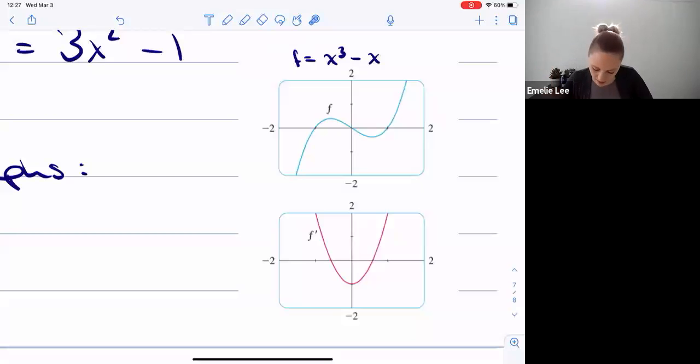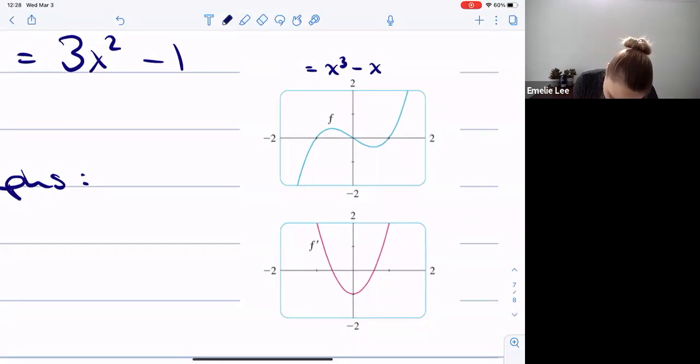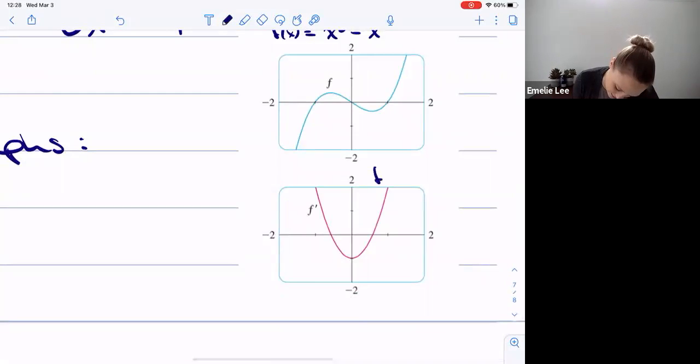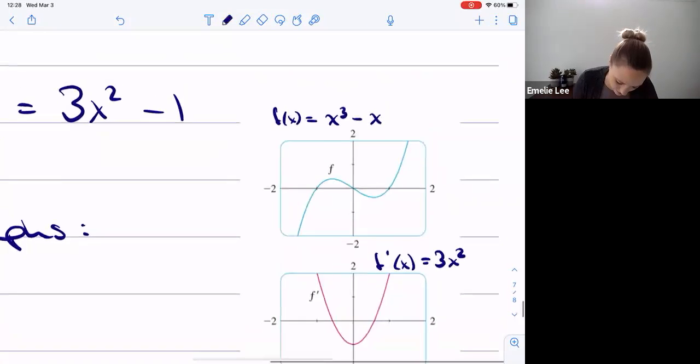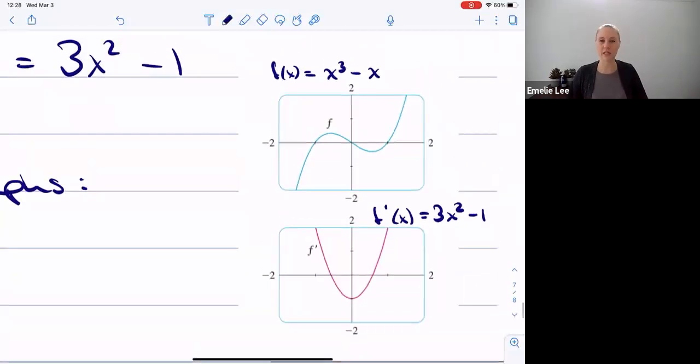That's what it looks like. A little bit of activity around the origin, but not bad. And then I should write this as f of x because they're functions. Then f prime of x became 3x squared minus 1, which of course is a quadratic. So how do these things compare?